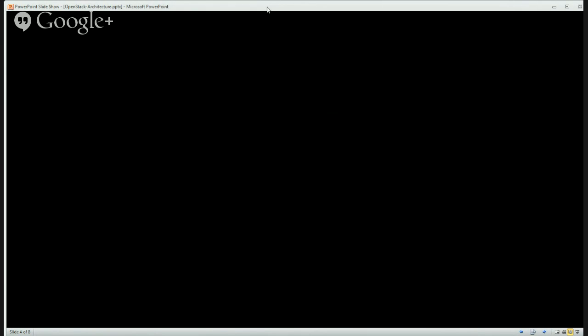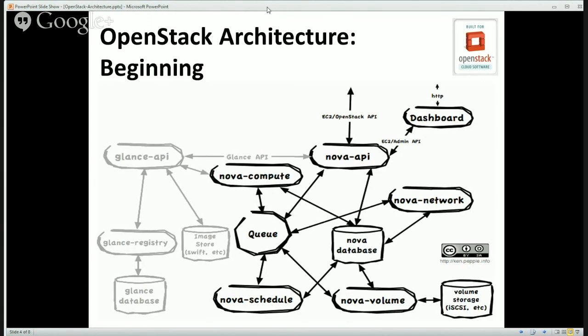So within a project, if different services talk to each other, they make use of the queue, for which you can use RabbitMQ, ZeroMQ, or Qpid. Always keep in mind that within a project, the subcomponents use the queue for communication, but between different projects, we are using the RESTful API.